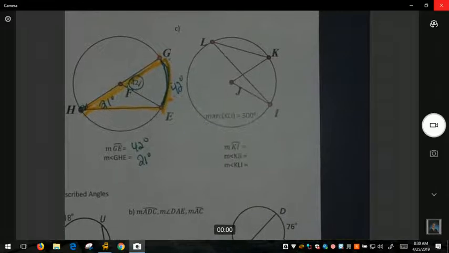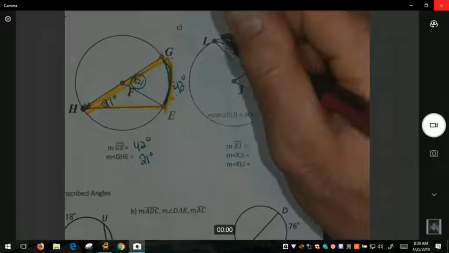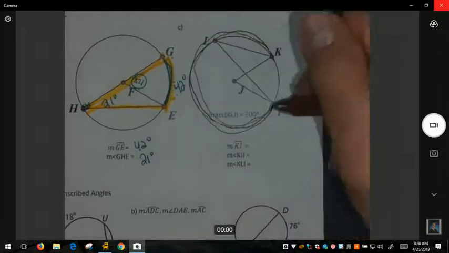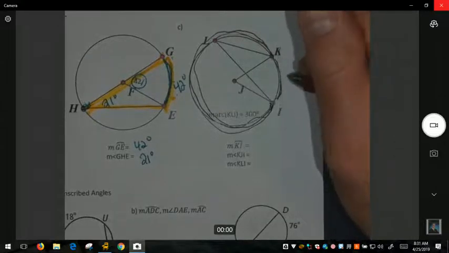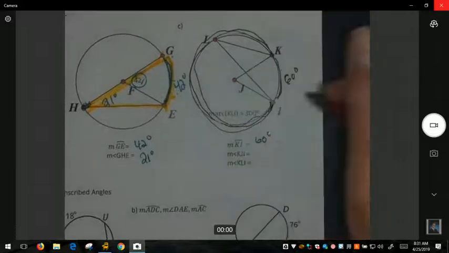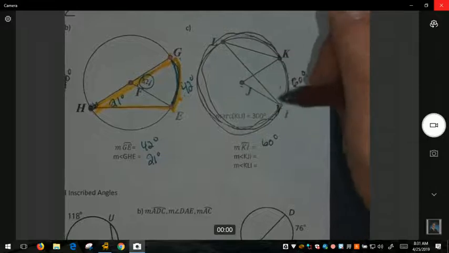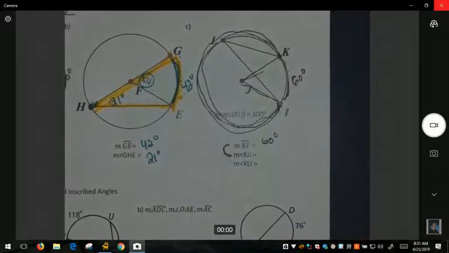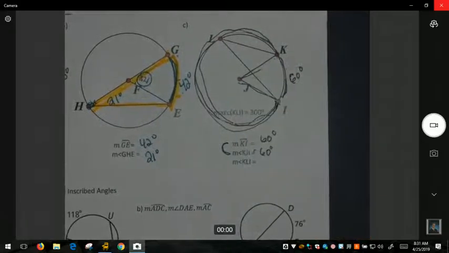In letter C, they give us that angle KLI. So all the way around, this whole thing is 300 degrees. That means that this arc, KI, has to be 60 degrees, because it has to add to a full circle. The measure of KJI, which is the central angle, and intercepted arc are equal, so it is also 60 degrees.